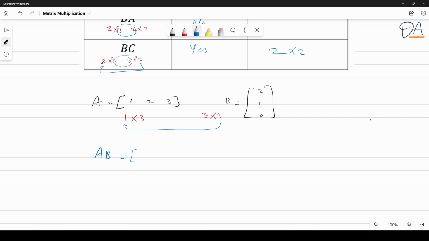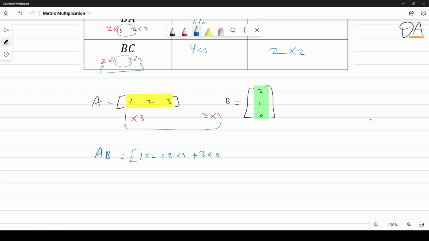And how do we get that? You multiply the row by the column, element by element, and you add. So take the first element in the row times the first element in the column, so you'll have 1 times 2, plus the second element in the row times the second element in the column, so 2 times 1, then the third element in the row times the third element in the column.